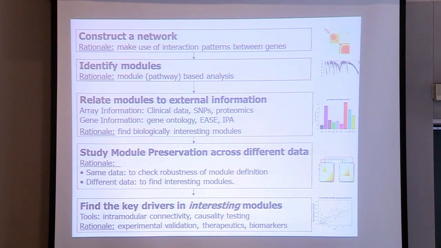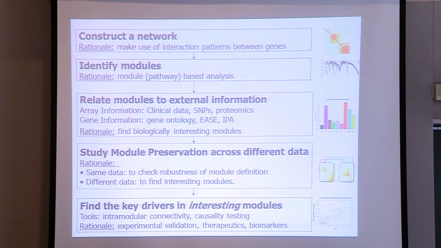They really form pathways, or they are organized in certain ways. And so it's beneficial to exploit that. In step number 2, we identify gene modules. And the rationale here is, of course, that this is a module-based analysis. We focus here on these higher level structures.